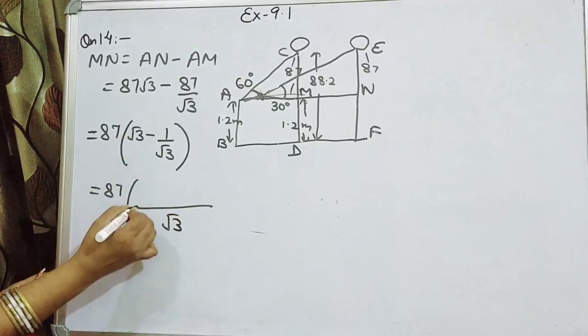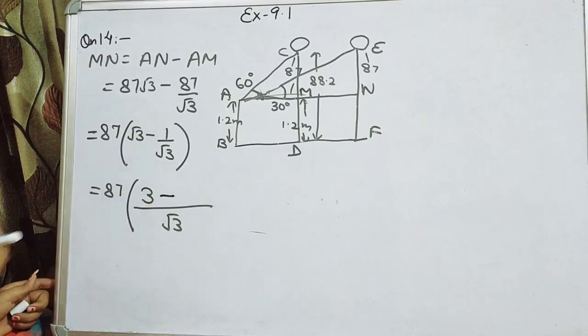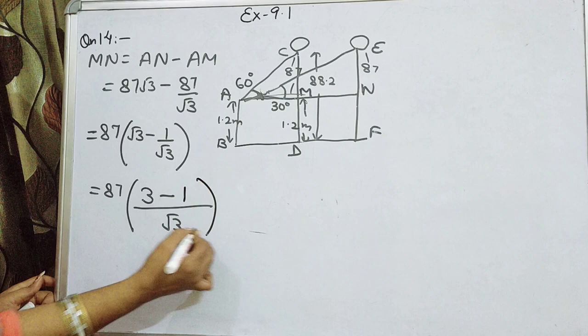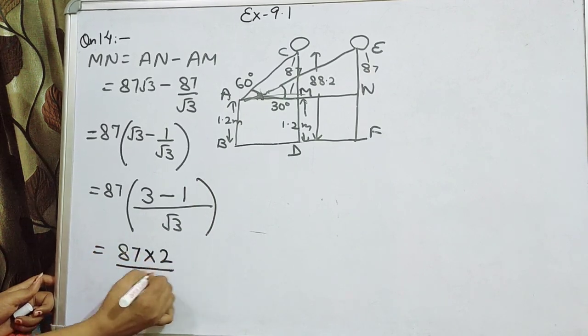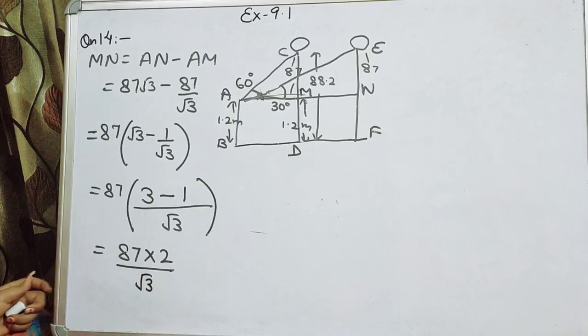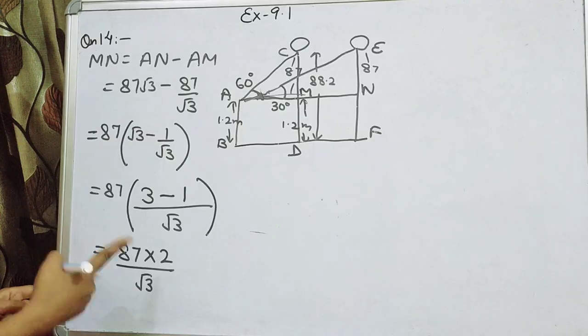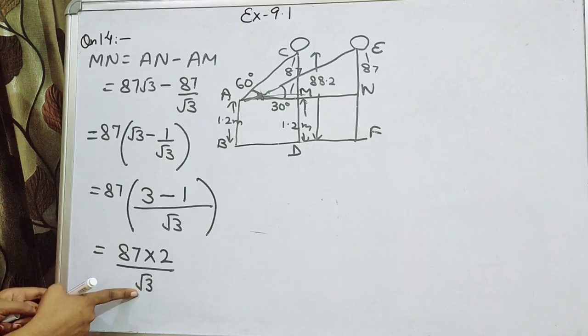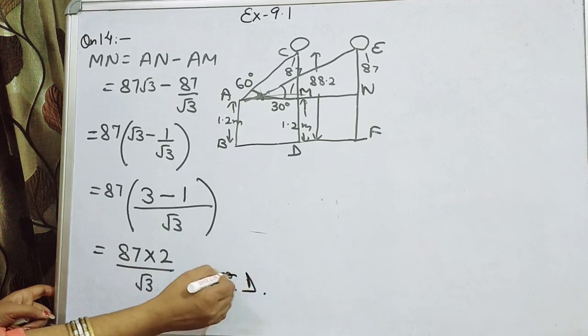Root 3 into root 3 is 3, and this will cancel out with this root 3, and we'll get 1. So ultimately we have 87 into 2 by root 3. But you can see that there is an irrational number in the denominator, so we have to rationalize the denominator. So after rationalizing the denominator, what do we get?